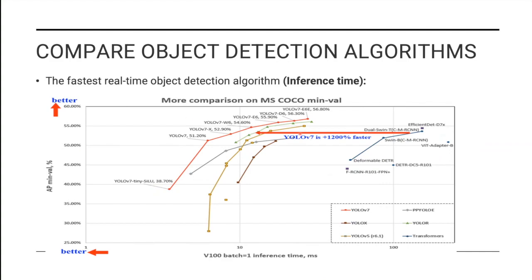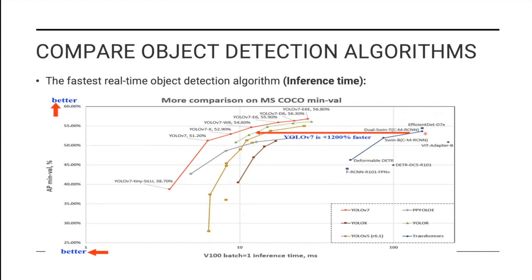Another comparison is on COCO minival for validation. We have the average precision on minival as a percentage, and we have the inference time in milliseconds. Of course, the higher the average precision, the better. And from them we see that YOLO version 7 is much faster, and we have good accuracy on that.